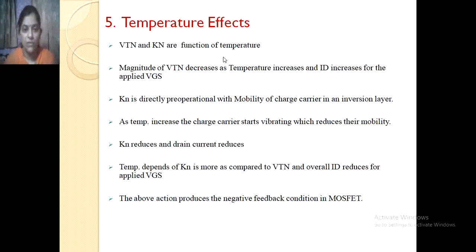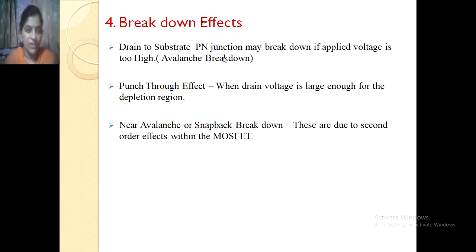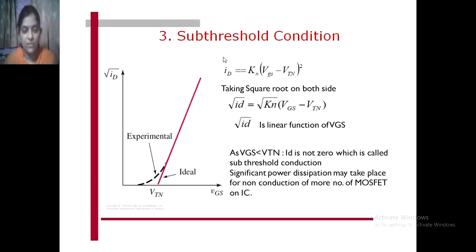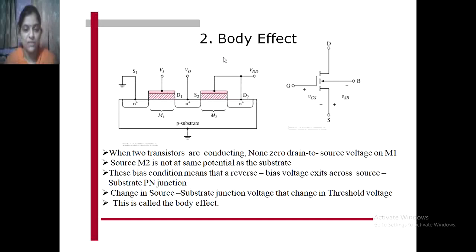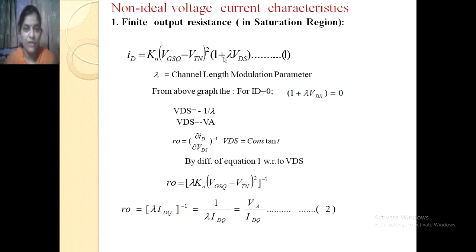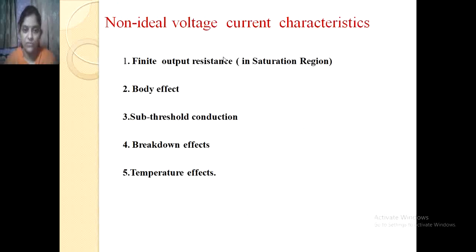So we have seen what is temperature effect, then breakdown effects, sub-threshold condition, what is meant by body effect, as well as the finite output resistance value. So these are the non-ideal voltage current characteristics.